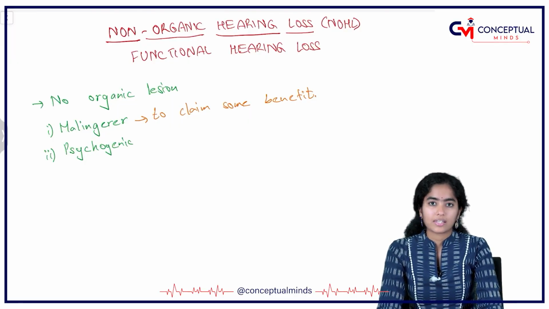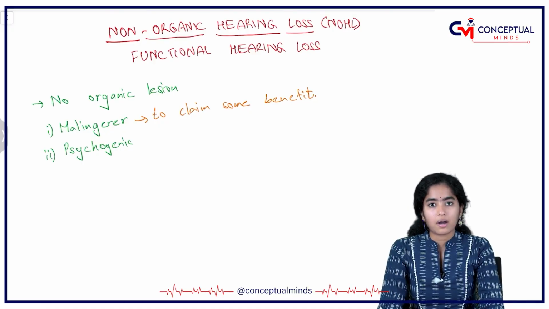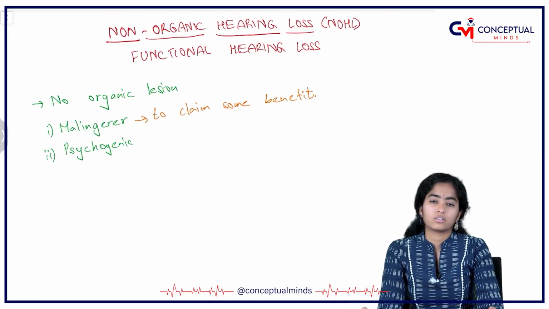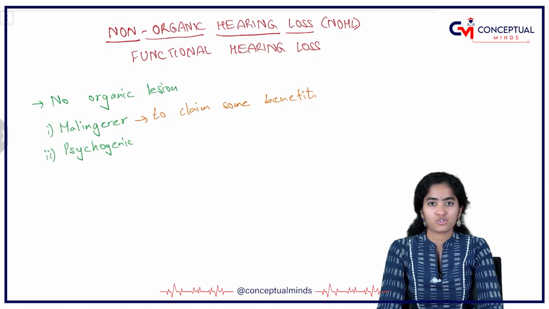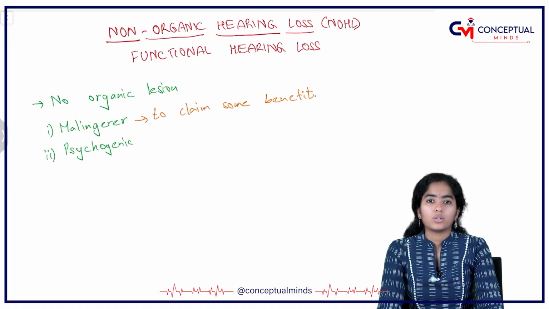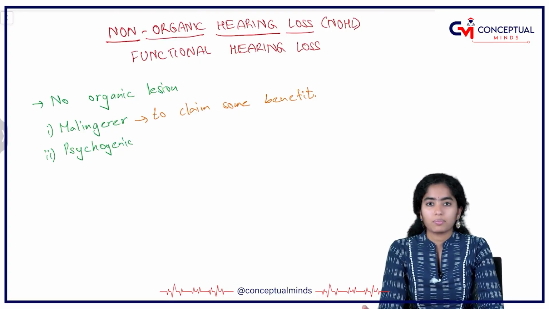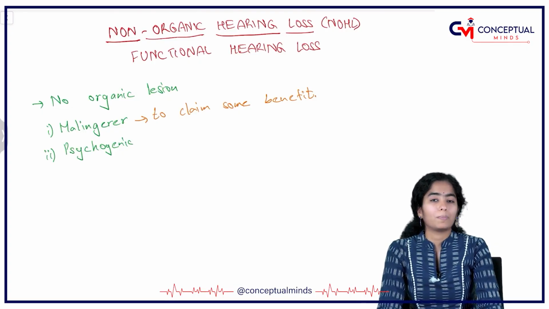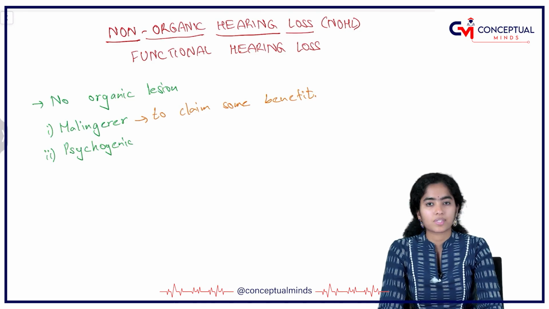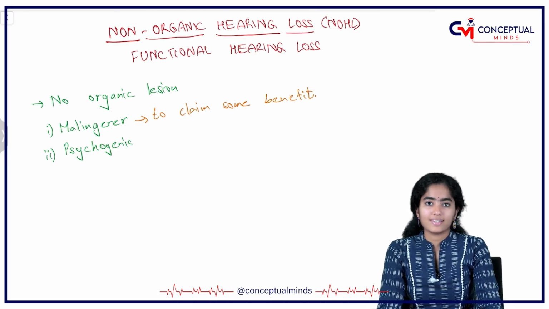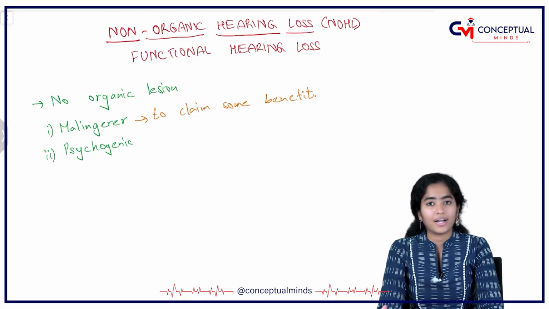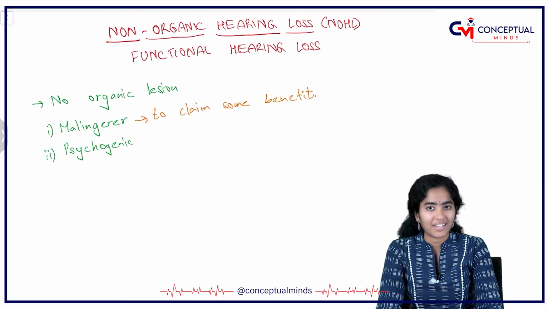It is because even hearing impairment comes under the reservation for physically challenged people. Hearing impaired people do have some reservations under some government schemes, or they are also beneficiaries under some government schemes. Now the benefit they receive depends upon the amount of hearing loss. If it's a very mild hearing loss, sometimes they do not receive any benefit.